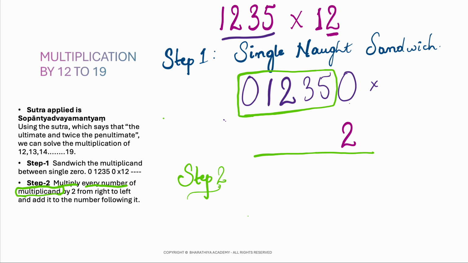Right. So in step 2, we'll multiply every number of the multiplicand by 2 from right to left. Right to left means this way, this arrow. And then add it to the number following it, which is the right arrow, the number following it this way.